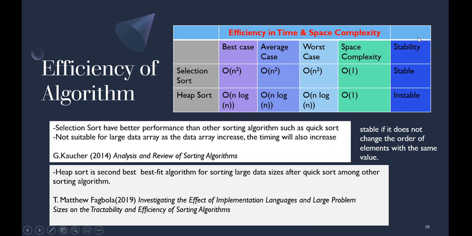As you can see in this part, stable means it does not change the order of the elements with the same value.